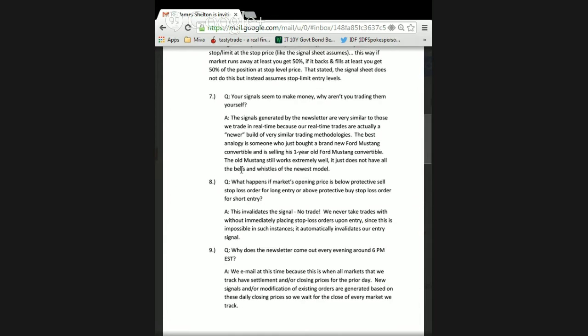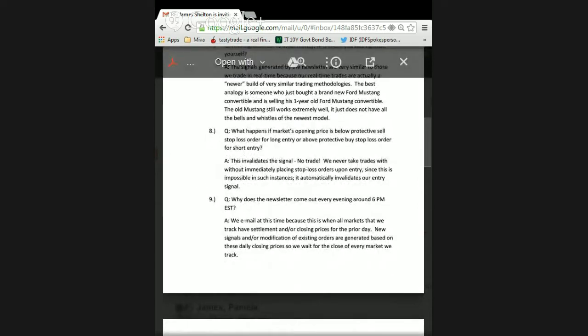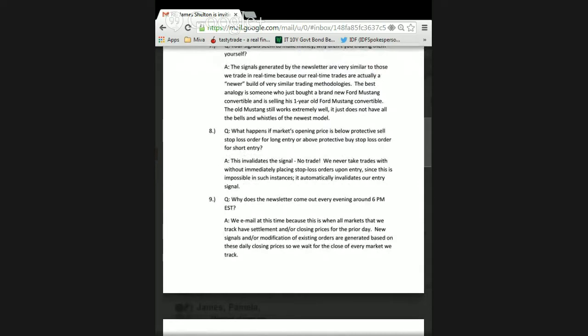If it opens, okay, so let's say we had a stop limit order in natural gas to buy at 418.4, and we gap above there at 440, right?